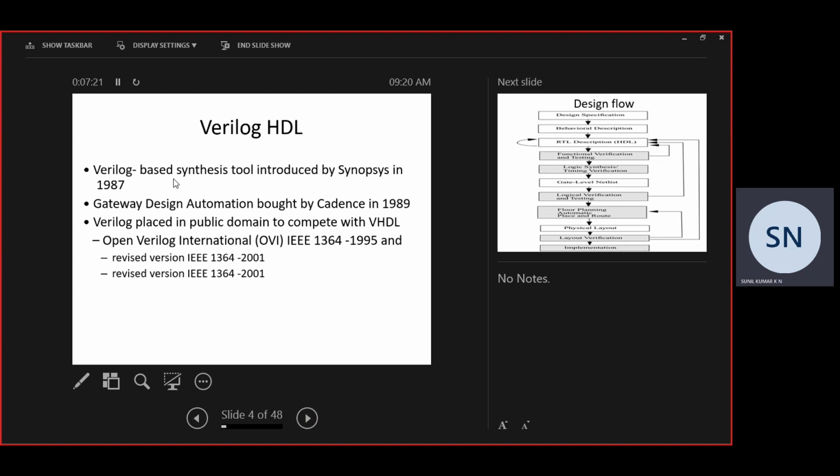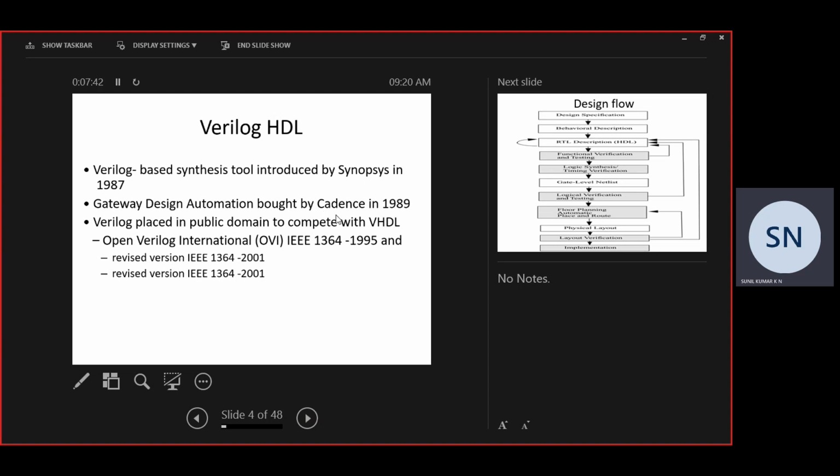In order to reduce the time, because to place in the market we need to manufacture the IC, the components have to be promoted to the market with high efficiency. For that they started with Synopsys and Cadence.